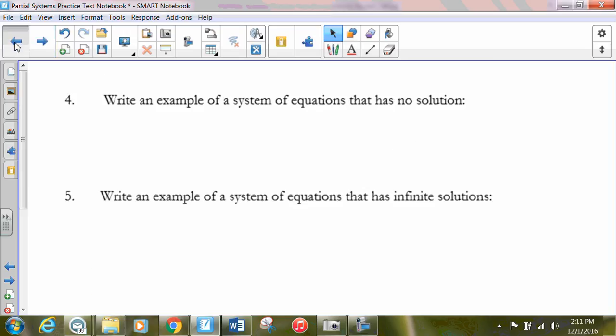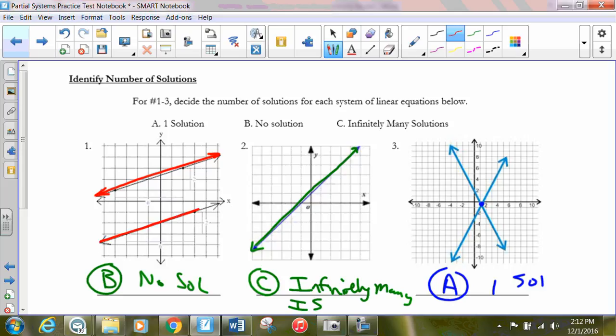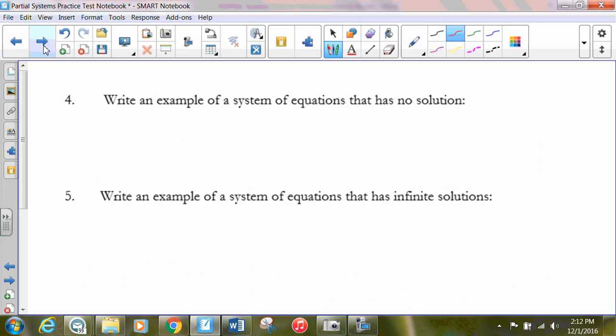Once again, if we go back to number 1, we see that parallel lines are the kind of lines that have no solution, because parallel lines will never touch. And so when we think about writing a system of equations that has no solutions, we're going to think of 2 lines that both have the same slope.